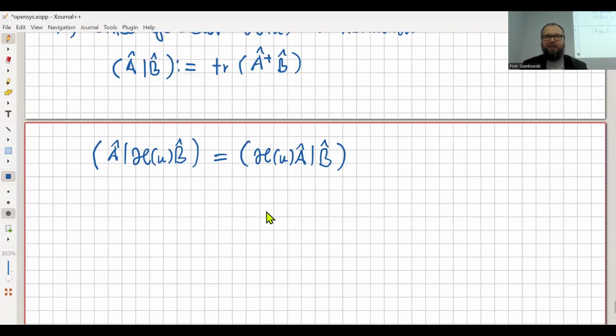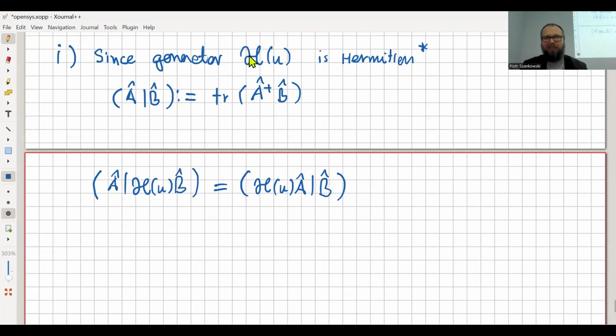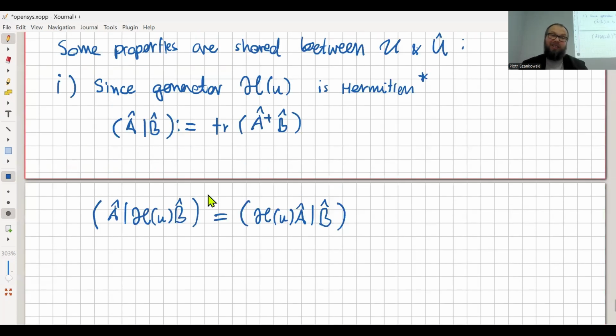Okay, so to show that curly H is Hermitian, you just have to do the calculation.